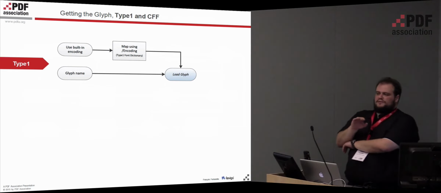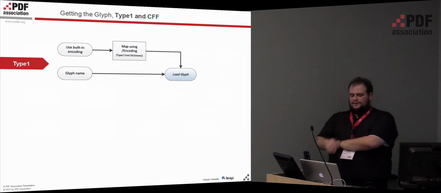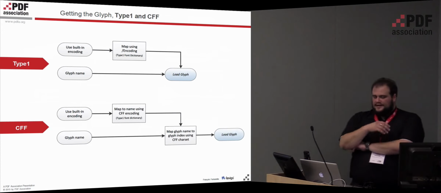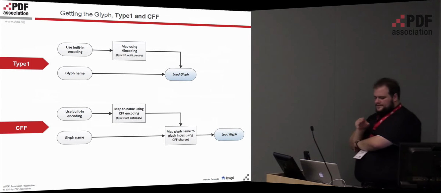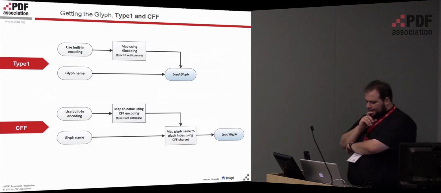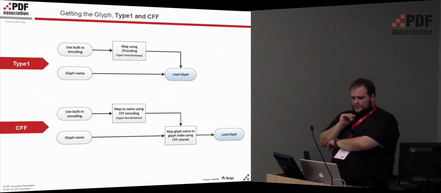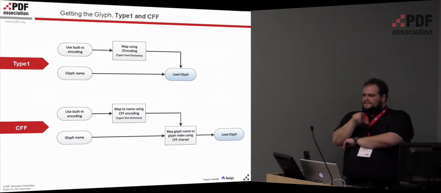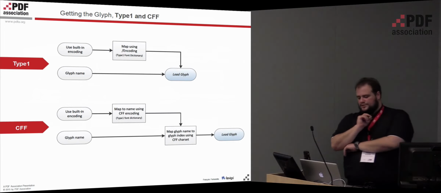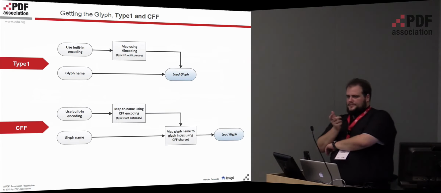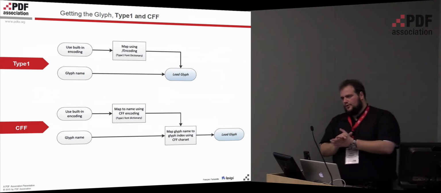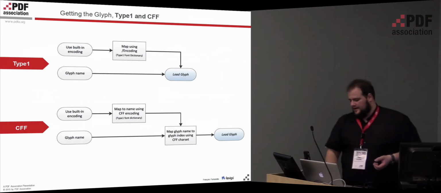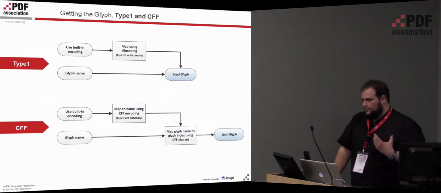And hopefully we'll find something matching and load an appropriate glyph. CFF is basically the same. There are some minor differences in how the process goes. Basically, we also have names, but then we map those names back to a glyph index, because CFF is trying to be more compact, and we're storing the glyphs with an index.